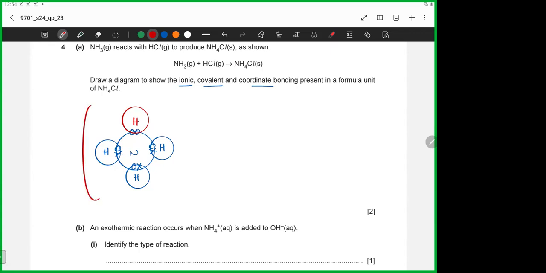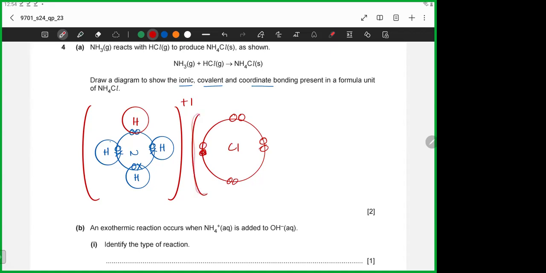So you've got this NH4+. And then you have a Cl ion, which has 7 electrons. And that's basically your -1, right?